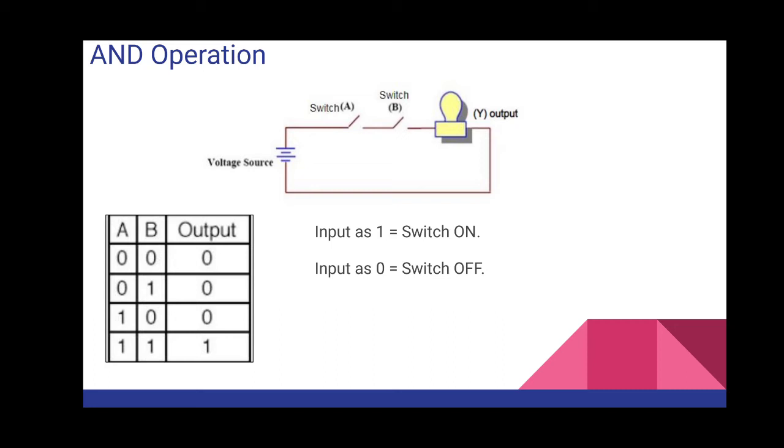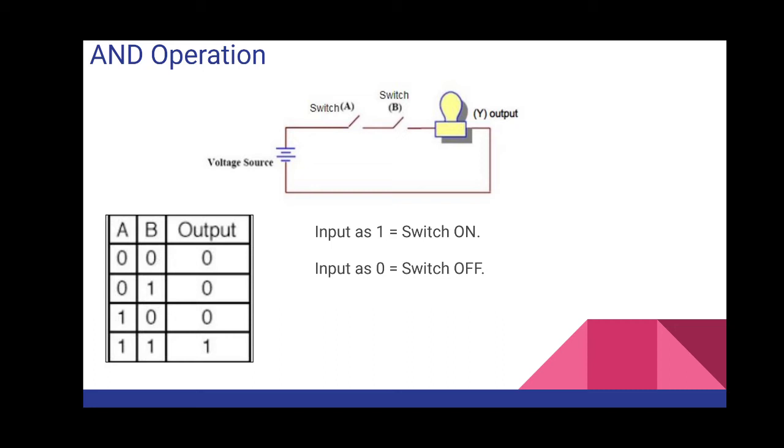This circuit is not in your syllabus. I have simply taken this as an example for you to understand it better. Right? Even if you do not understand it thoroughly, at least understand that AND operation means simple multiplication, and in logical operators there are only two numbers which you have to deal with, that is 0 and 1. 0 means false or off, and 1 means on and true.